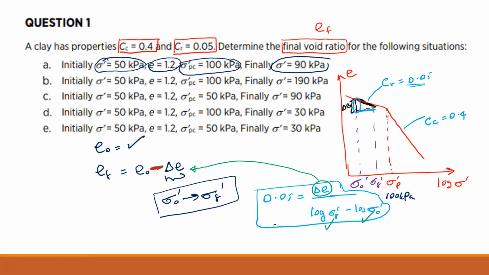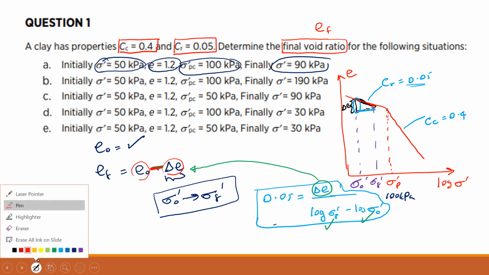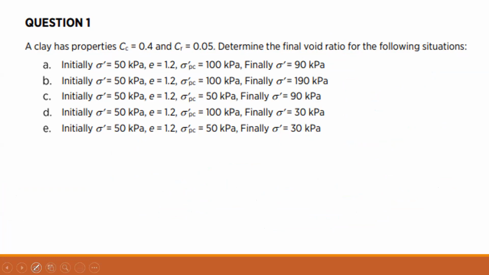When you go from here to here, void ratio decreases. So if you minus the delta E from the initial value, you get the final value. Does that make sense? Or not? Is it clear or not?